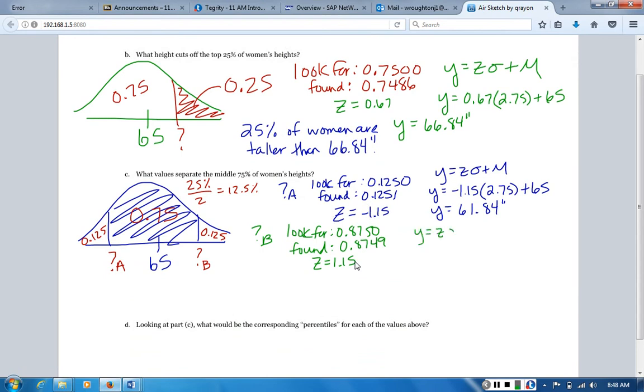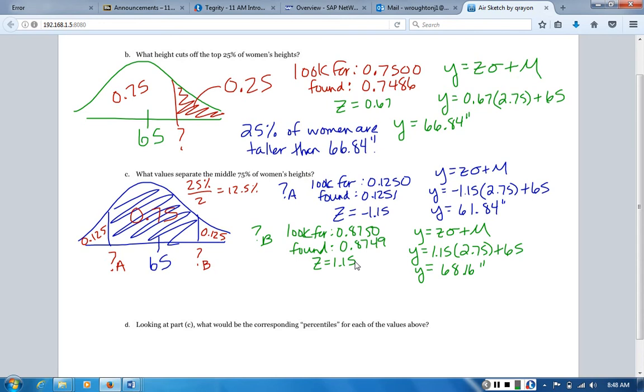So using our same formula, just a different z, this time our z is the positive 1.15. So this gives me my value of y to be 68.16 inches.